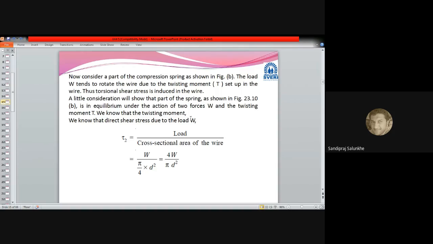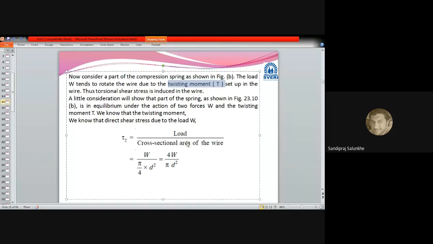The spring gets compressed by creating rotation in that coil, right? So rotation is created, and then afterwards the spring gets compressed. While we create that rotation, torsional stresses will be induced. So our basic question is how to calculate that twisting. That twisting is nothing but the torque, also called the twisting moment.